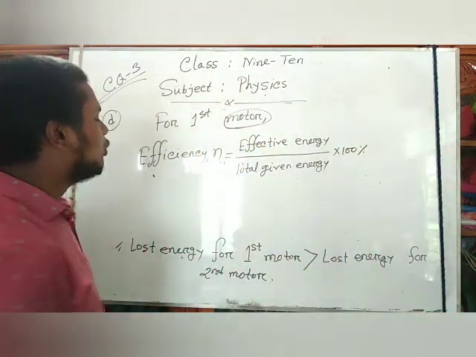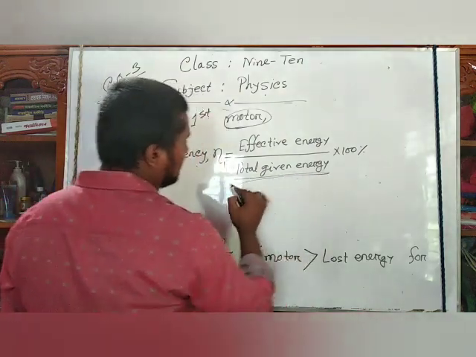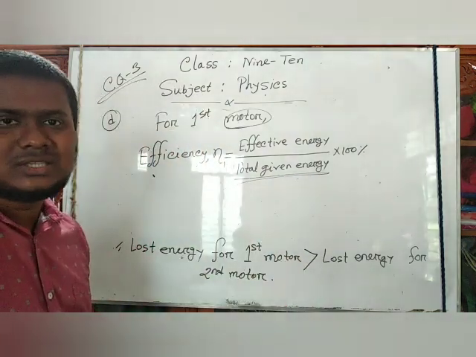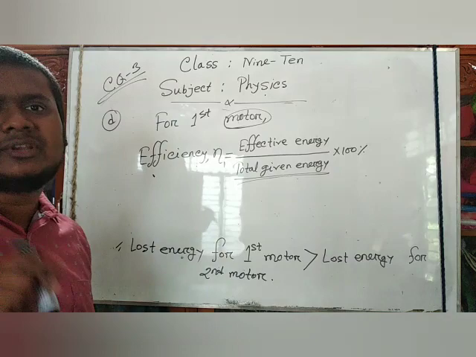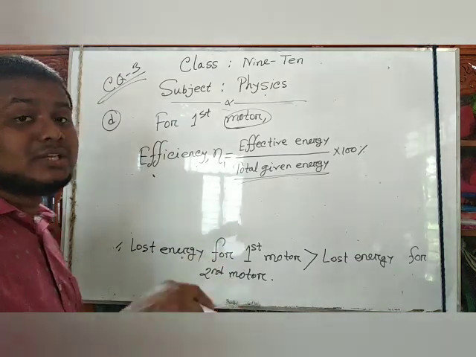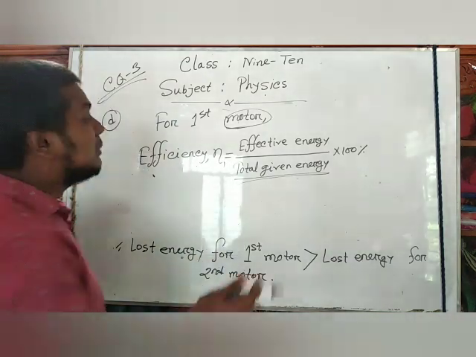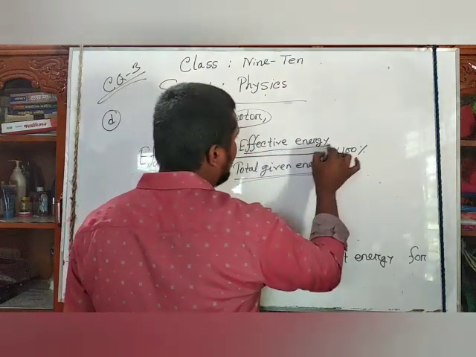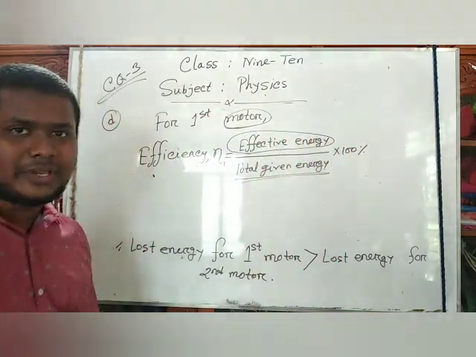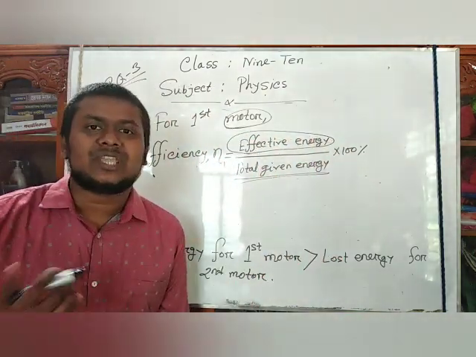Dear students, we know that the total given energy for the first motor is 70 joule and the second motor is also 70 joule. But what is the value of the effective energy? Dear students, effective energy means used energy.